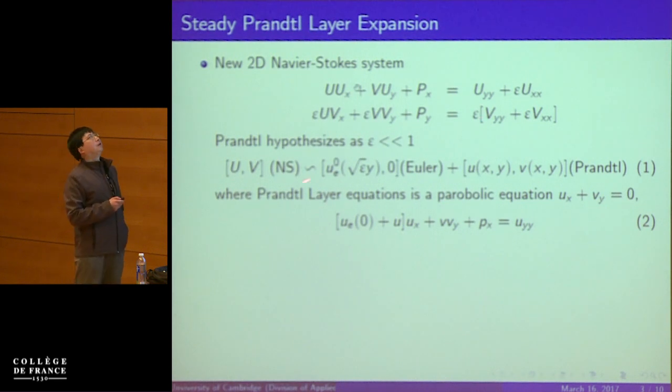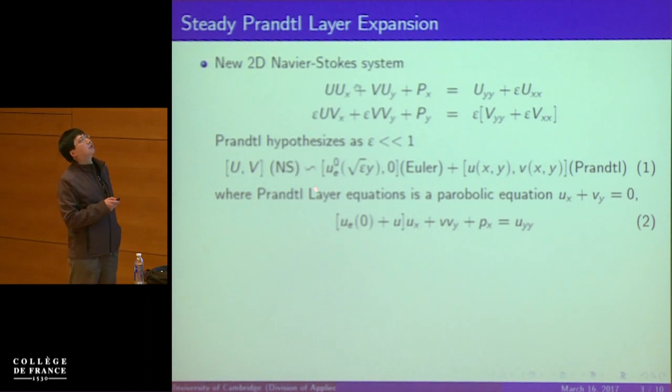Prandtl's theory amounts to the following assertion or hypothesis. He claimed that when epsilon goes to 0, when epsilon is very, very small, then the original real flow can be decomposed into the Euler flow. Here I have a square root of epsilon because I used the new variable. This is the old shear flow we had.